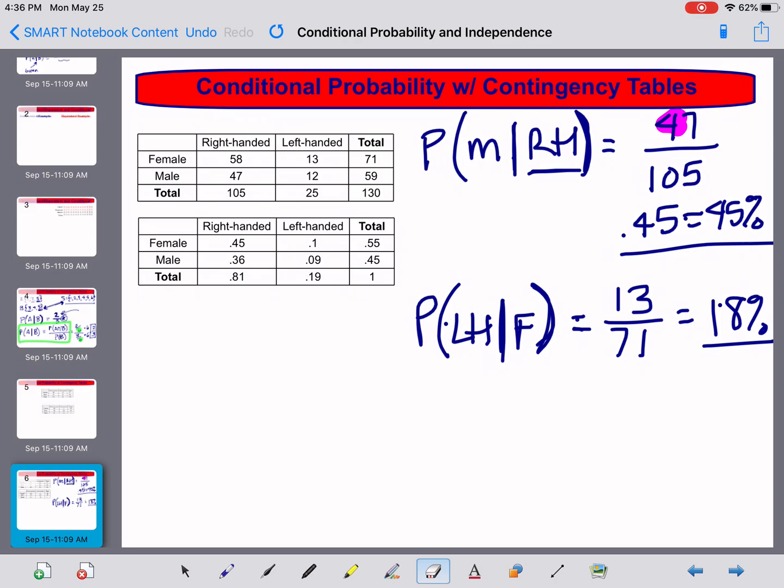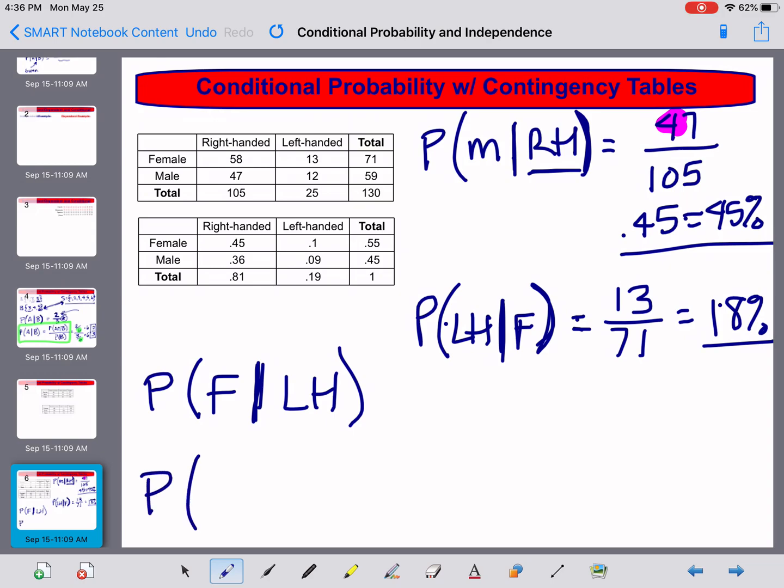I'm going to give you two more, and I want you to try that, and then we'll call that a day here. There's only so many combos we can do. So why don't we flip it around and see what happens with that. Let's try it again where we have right hand, given that we know it's a male to begin with.